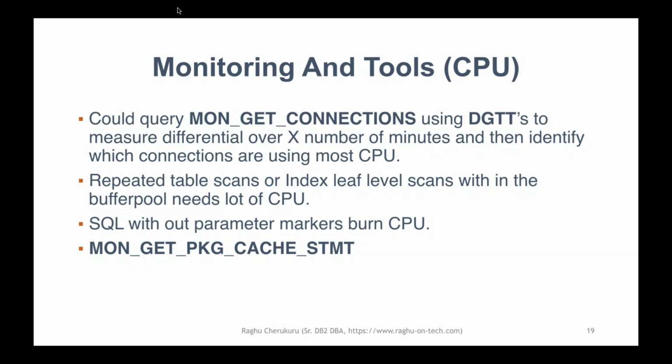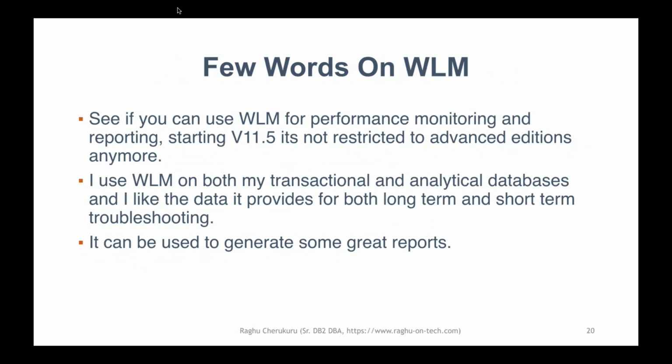Usually table scans and index leaf level scans within the buffer pool need a lot of CPU. And like I said in the earlier slides, SQL without parameter markers burns a lot of CPU. And mon-get package cache statement can be used along with WLM to identify the CPU killers.